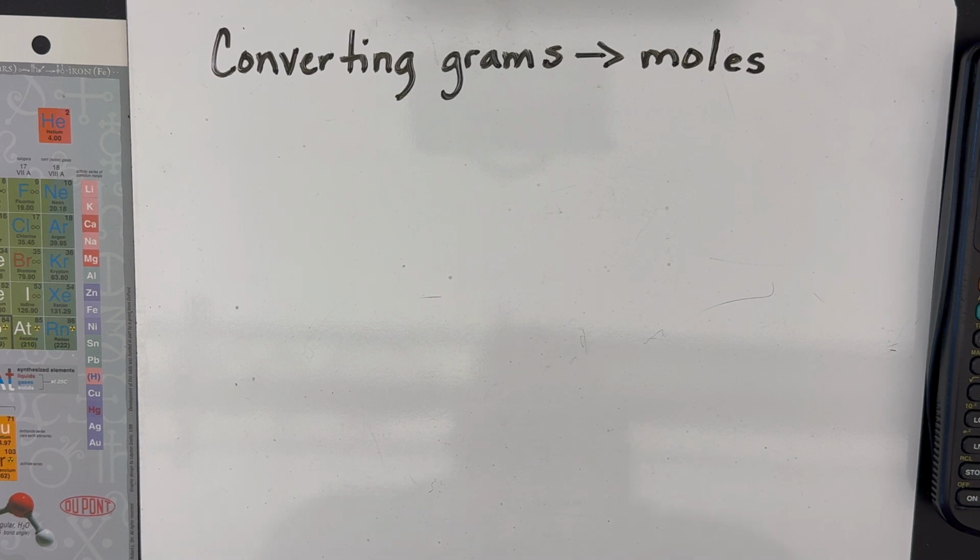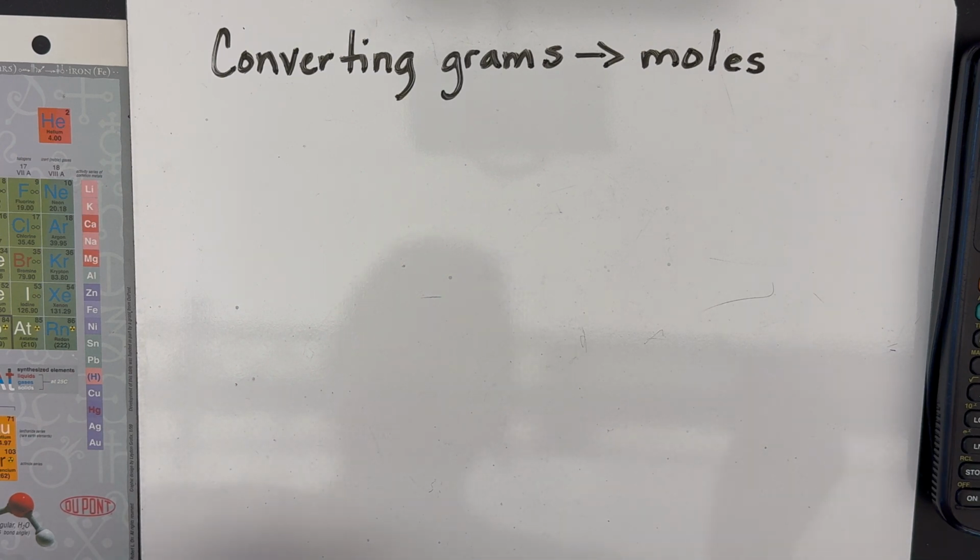All those types of problems all use the unit moles. So if you're given grams in the problem, you always have to change it to moles before you do any other steps. If you're given moles, you're golden and you can go on. But if you're given grams, you have to convert to moles.